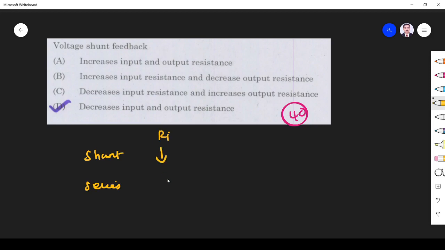Shunt will decrease the input resistance, series will increase the input resistance. Similarly, for the output, voltage decreases Ro, current increases Ro. So what is happening here? Voltage shunt feedback decreases input resistance and output resistance. So option D is the right answer.